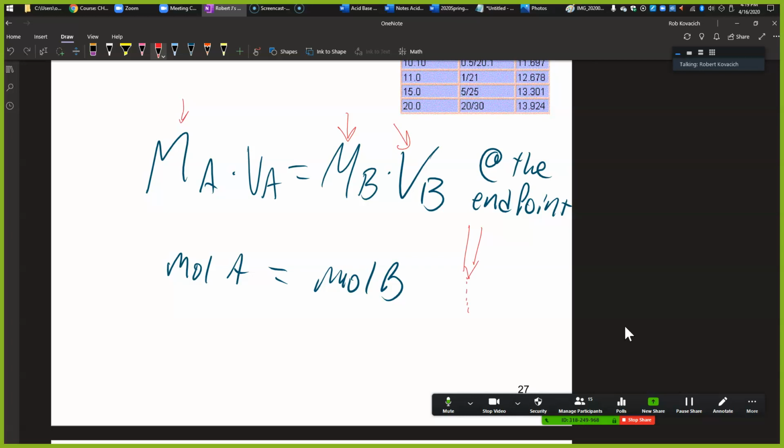We know the volume of the acid because we grabbed the Erlenmeyer flask and put the acid solution in here. The only thing we don't know is the concentration of the acid, which if I know that variable and that variable, I can calculate. So this is for any titration problem.